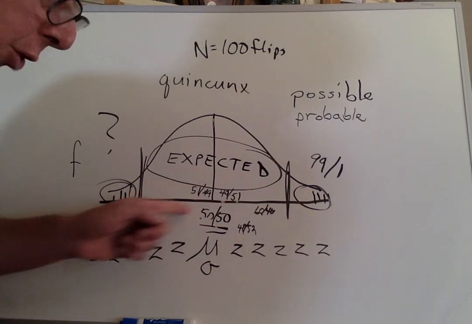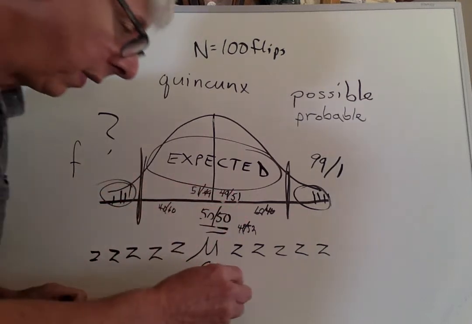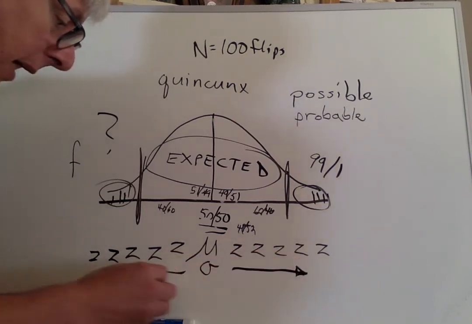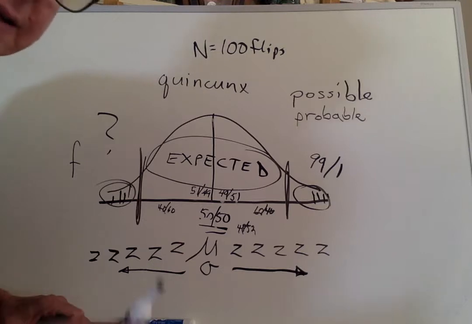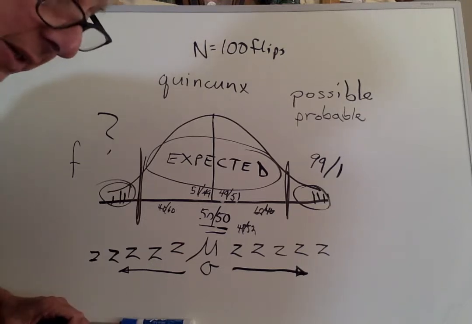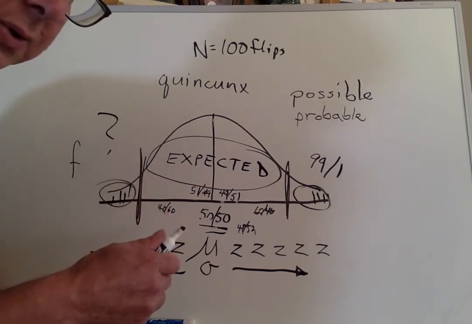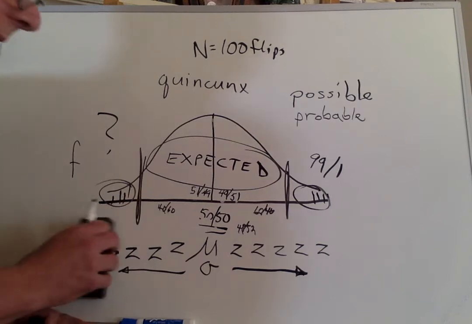We could put the actual values in, or we could talk about z-scores. As z-scores increase, either positively or in the negative direction, it's less likely that we're going to see those outcomes. Okay?